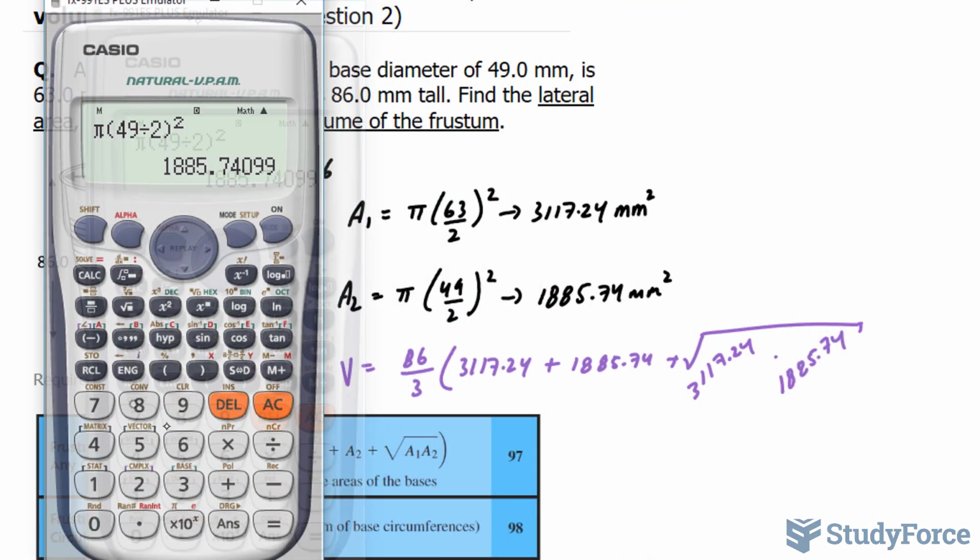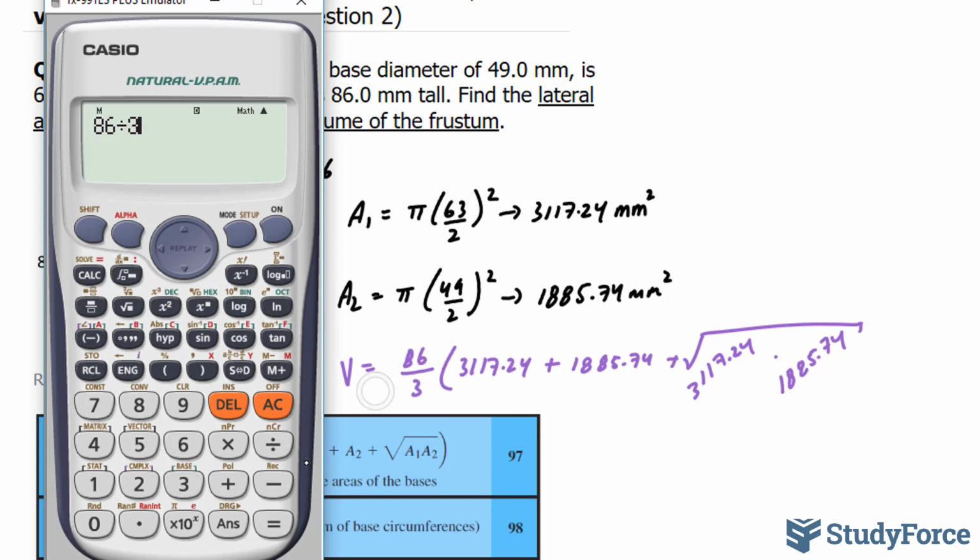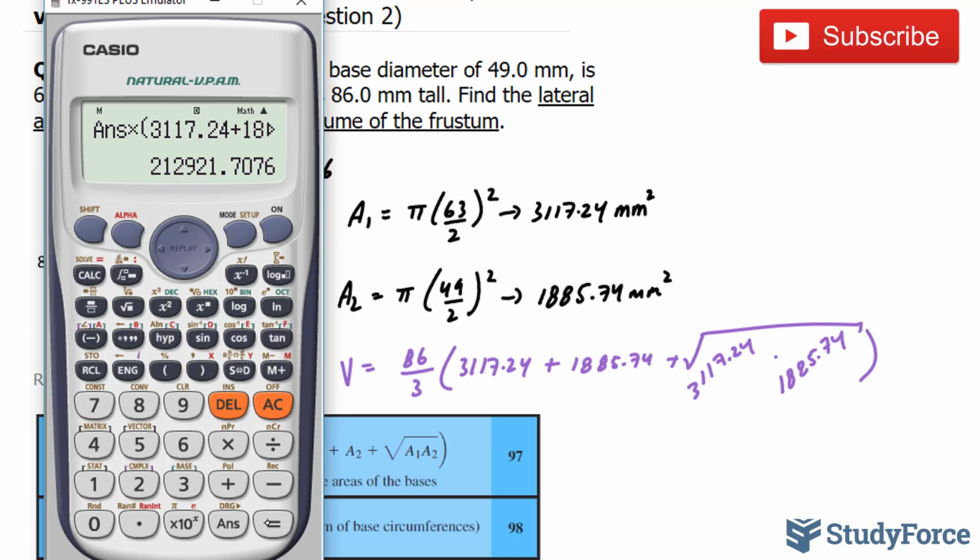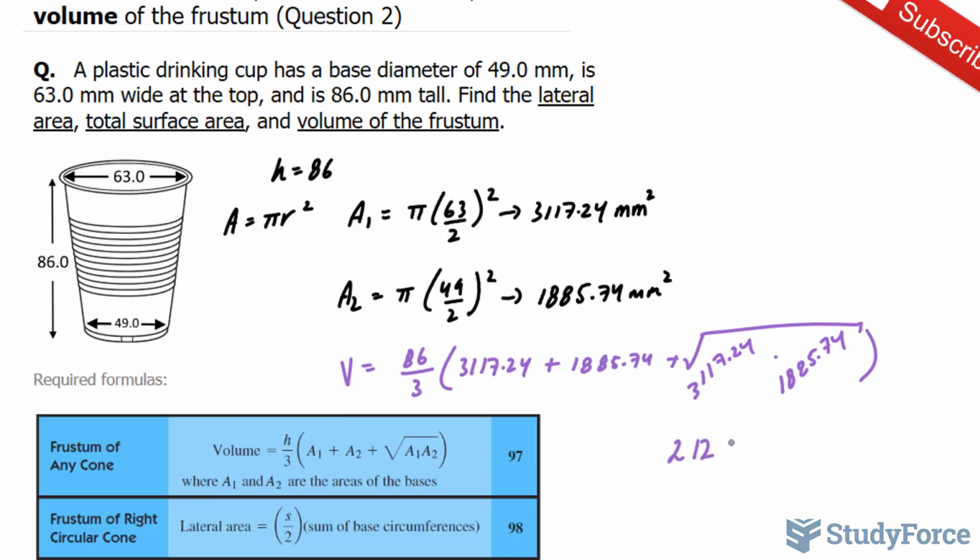Using our calculator, 86 divided by 3, that covers this part, times everything in the brackets: 3117.24 plus 1885.74 plus the square root of 3117.24 times 1885.74. Closing these brackets, we end up with a final volume of 212,921.70 millimeters cubed.